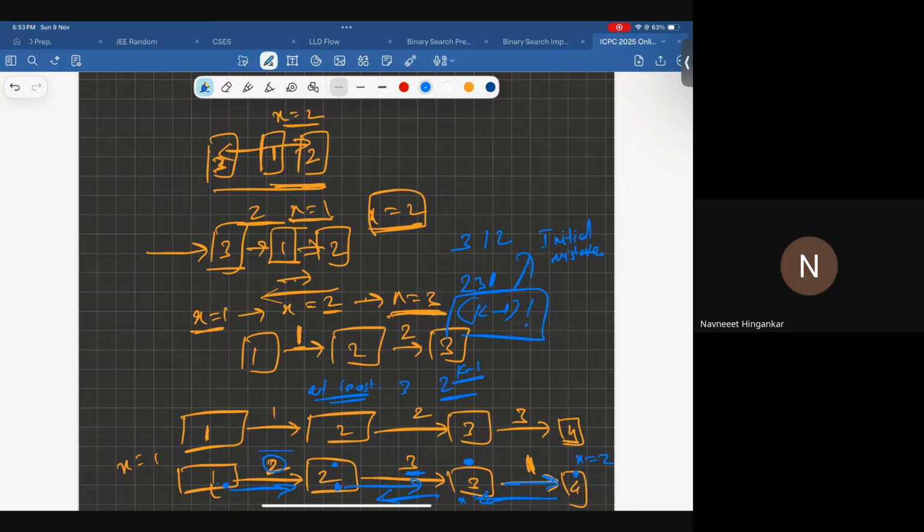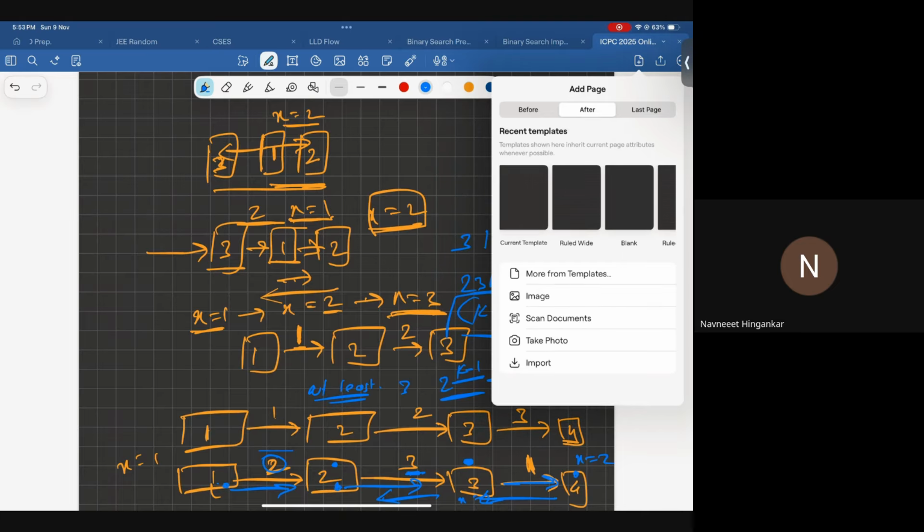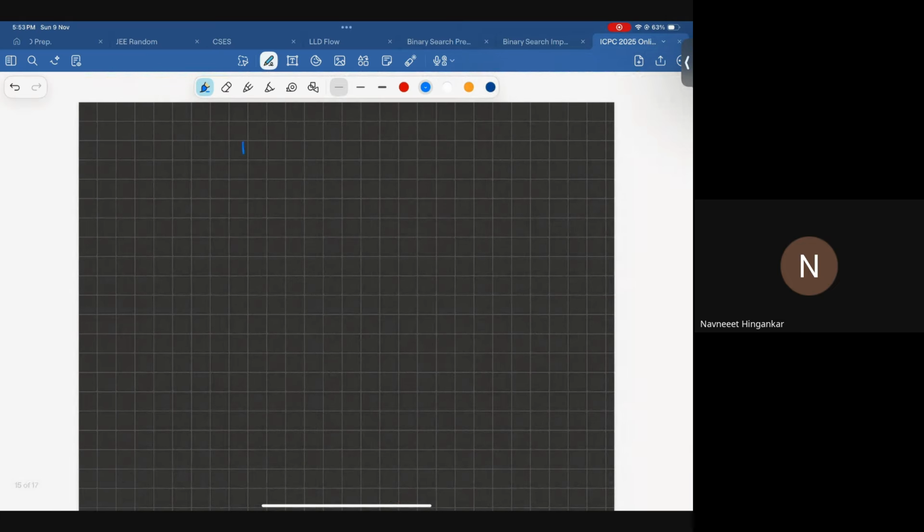So the thought process was that when we are at 1, to make the value cost at least x, I need to make sure that I'm inserting in such a way that first I'm inserting 1, then I could insert 2, either this side or this side.